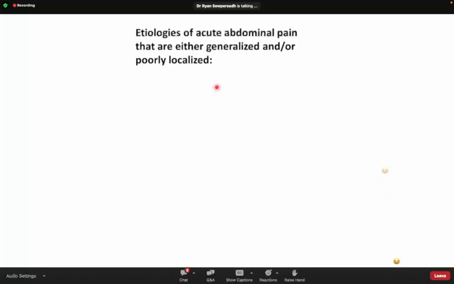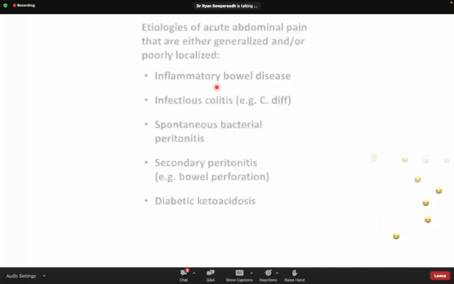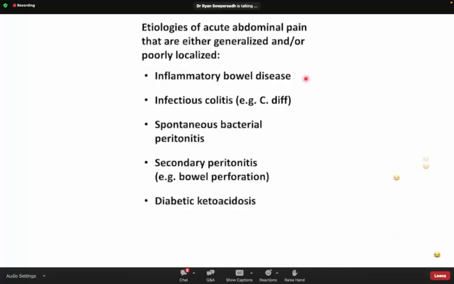Okay. There are some etiologies of acute abdominal pain that can be either generalized or poorly localized, including inflammatory bowel disease. And we know the two brothers of inflammatory bowel disease are ulcerative colitis and Crohn's disease. Okay. Infectious colitis, for instance, Clostridium difficile, which is antibiotic-associated diarrhea.